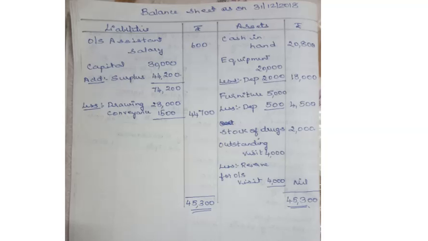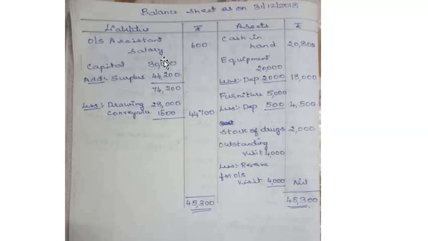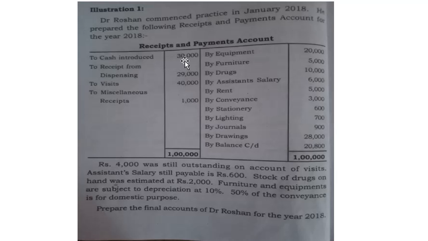Then come to the liability side. On the liability side, is there any outstanding expenses? If it is there, you have to show it; outstanding visit is income, that is already written. Outstanding expenses is there, 600. Assistant salary outstanding, so that outstanding salary is 600. Then capital is nothing but the cash introduced, 30,000.